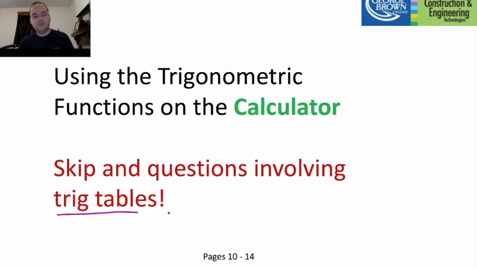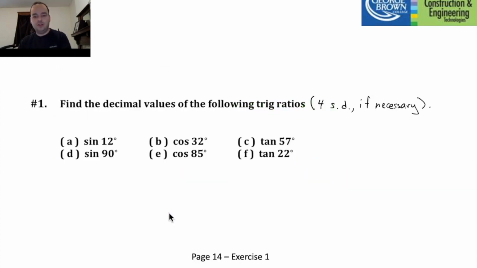So anyway, let's talk about the calculator a bit more. What I'd like you to do is grab your calculator and make sure that it is set to degrees. If you're not sure your calculator is in degrees, do me a little favor: type sine of 30 on your calculator and see that you get 0.5, or a half.